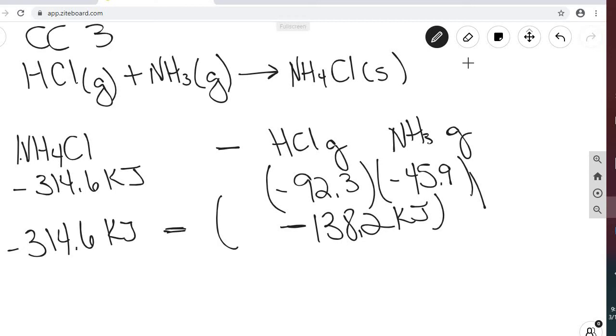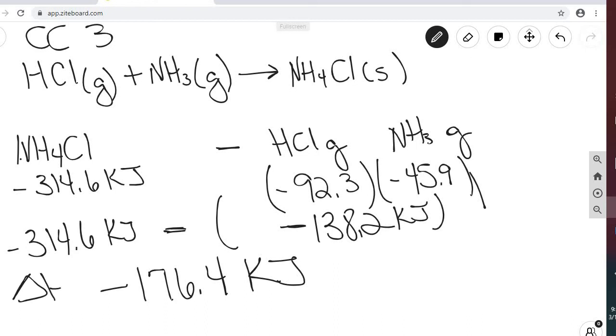So negative 314.6 plus 138.2 gives us negative 176.4 kilojoules as the delta H for this chemical reaction. So it's negative, so that is an exothermic reaction.